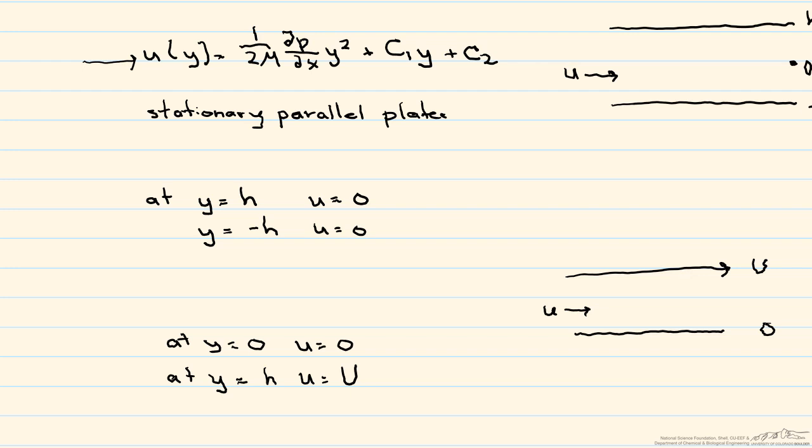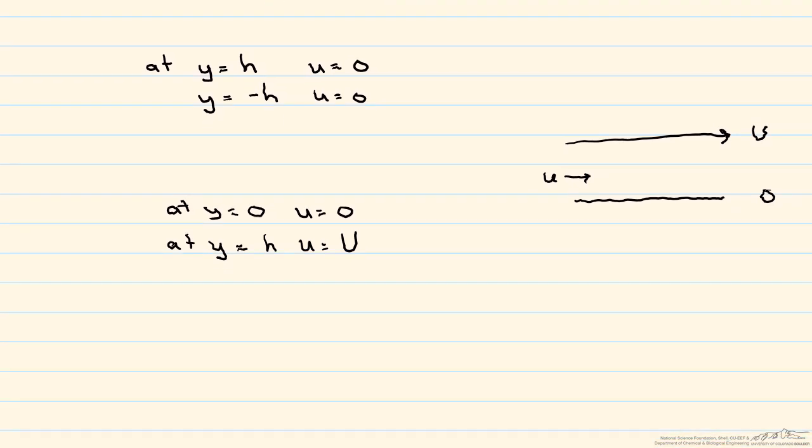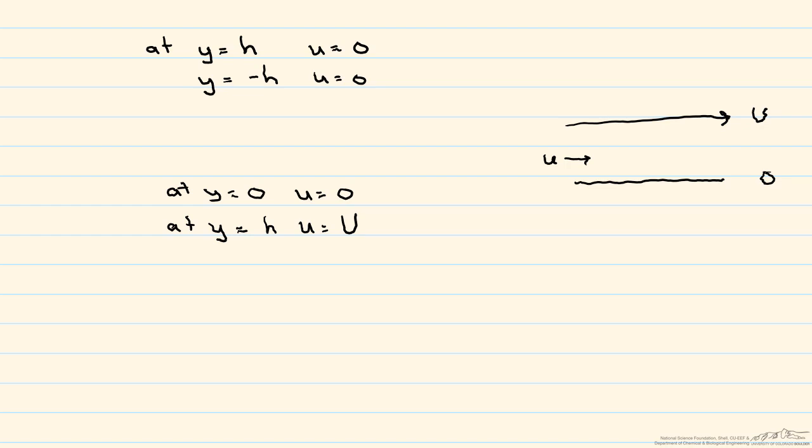So if you notice, we still have the same Navier-Stokes equation that we use. However, what changes are the boundary conditions. And finally, what we can look at is if both plates are moving.